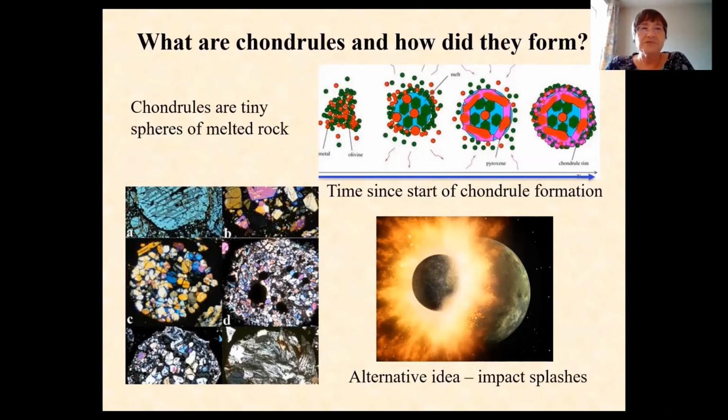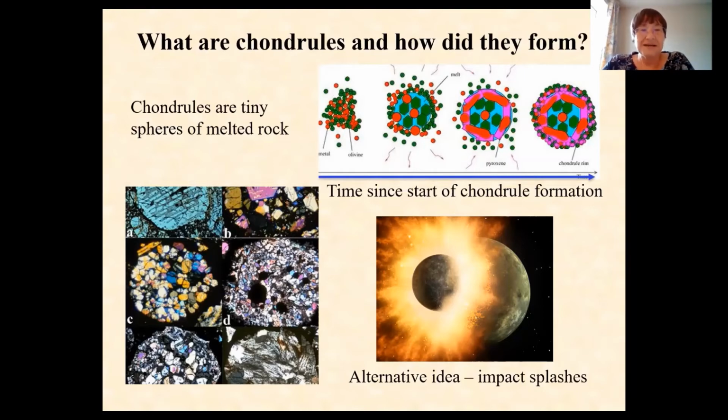However, more recently, we've come up with a new idea, and that is this alternative idea shown at the bottom right-hand corner, where we have impact splashes. Now, what this means is that you have two bodies, two planetesimals, two asteroids, that collide, and they are sufficiently hot, or the collision is sufficiently energetic, that lots of melt is formed.